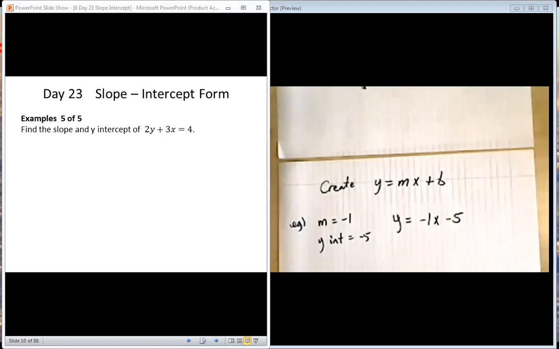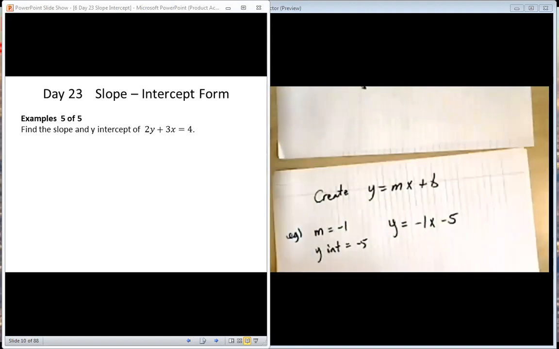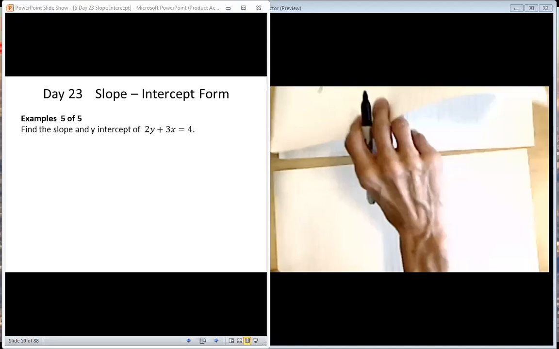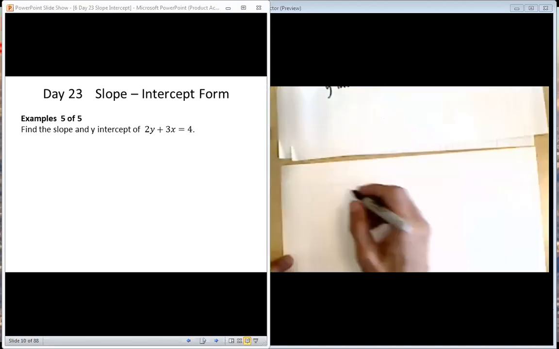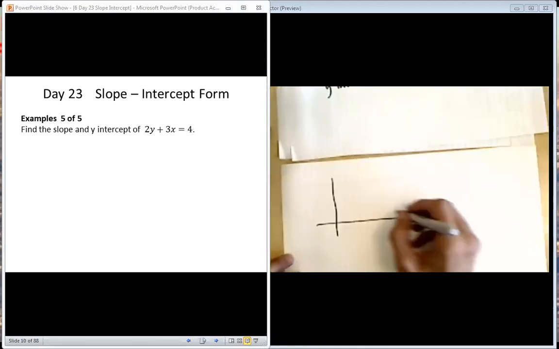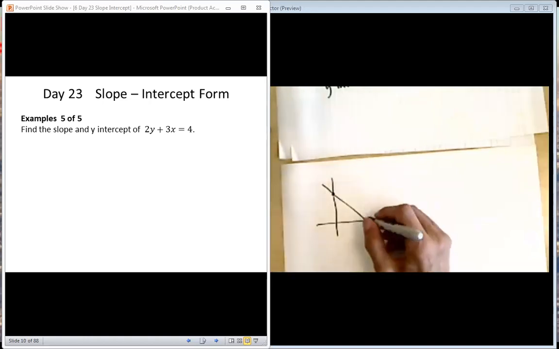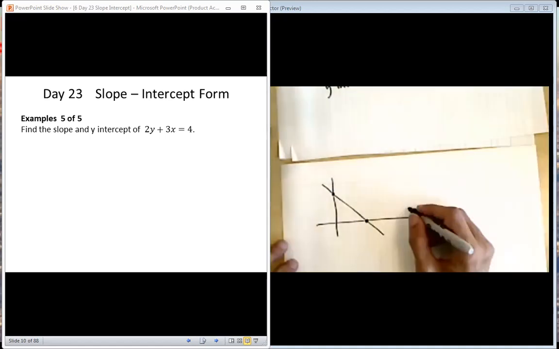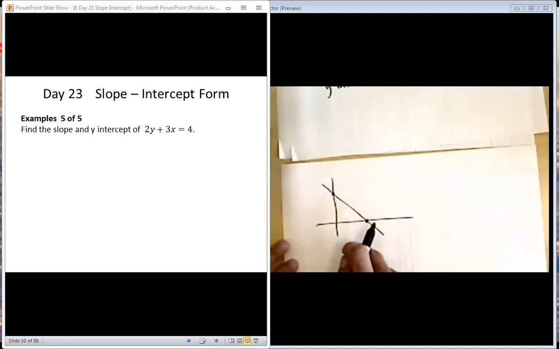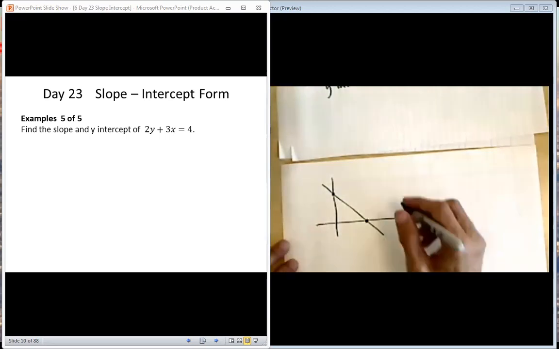The second part, girls, is they give you a graph. So the second part is they give you a graph, and you still have to do this.